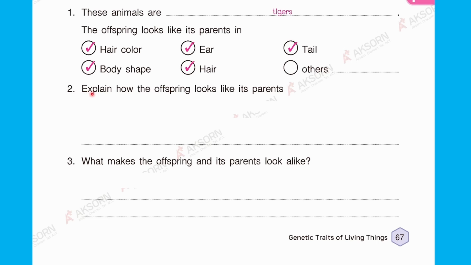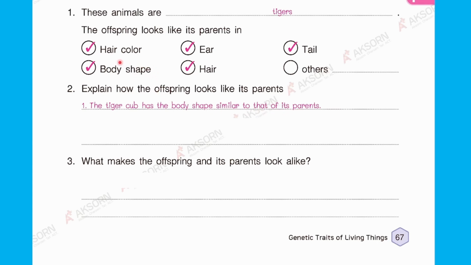2. Explain how the offspring looks like its parents. 1. The tiger cub has the body shape similar to that of its parents.